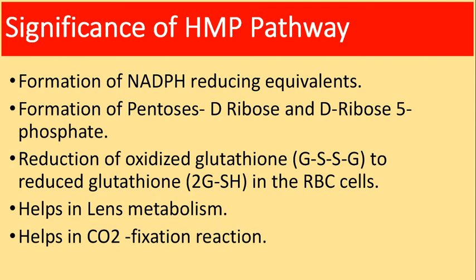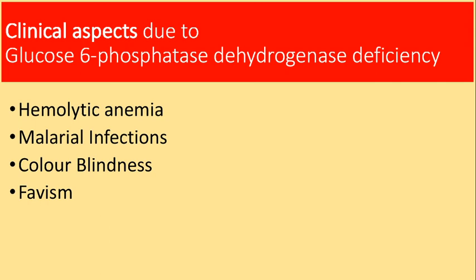So these are the significance of the HMP pathway, and what happens when there is deficiency of the enzyme glucose 6-phosphate dehydrogenase.